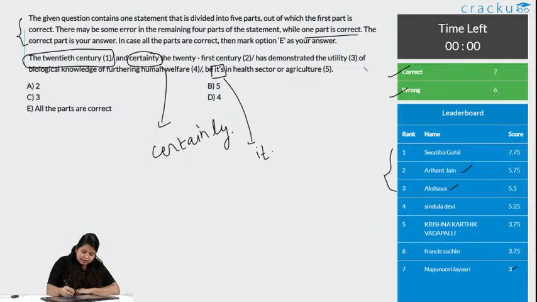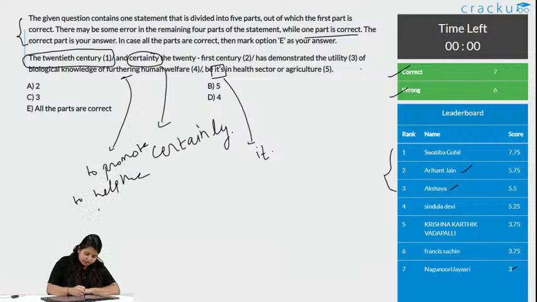Let us see the fourth part, biological knowledge of furthering. So first of all, what is the meaning of furthering? It is to promote or to help the process. That is simply to promote the process of development.